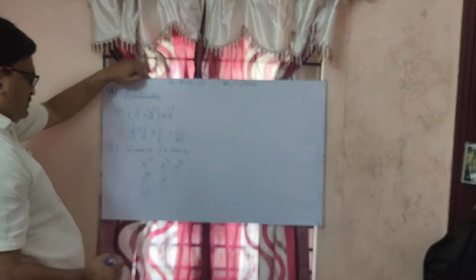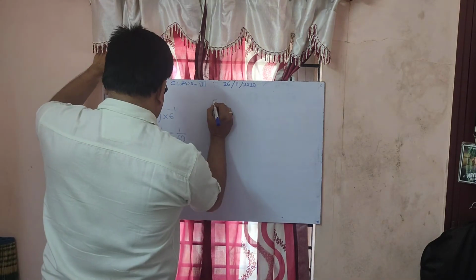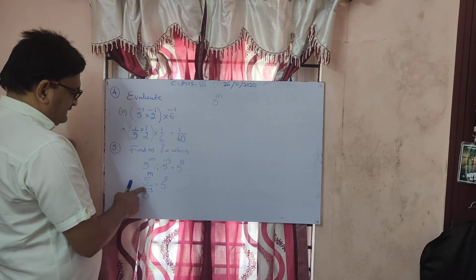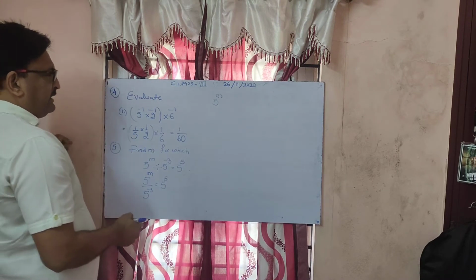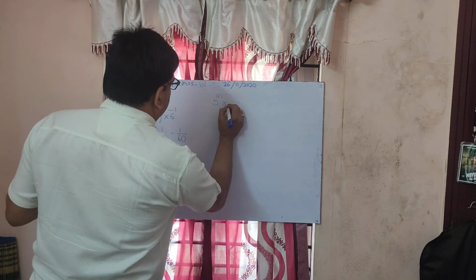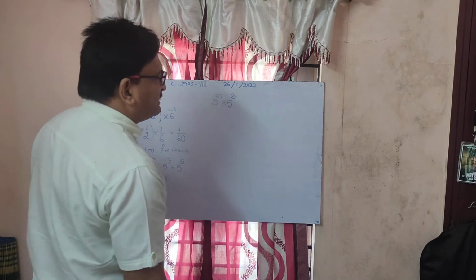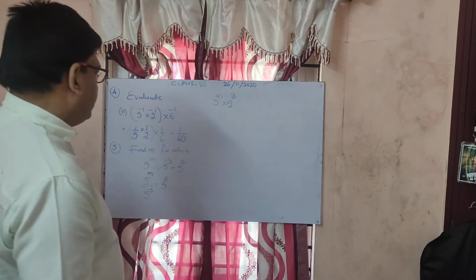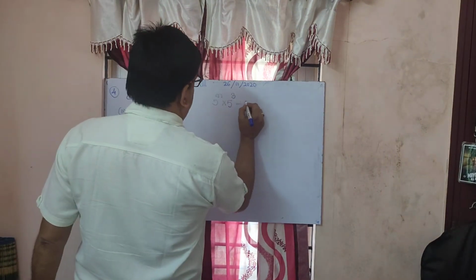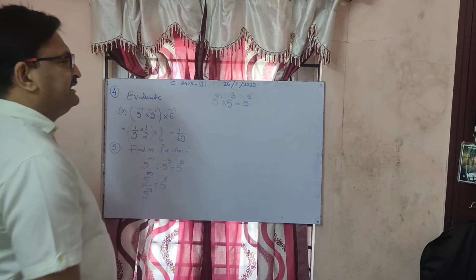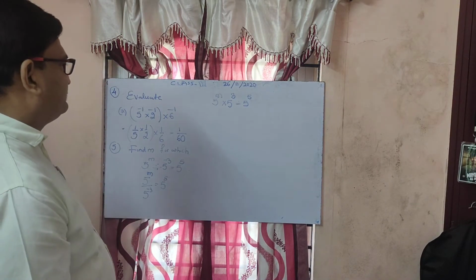Okay now? Now 5 to the power minus 3. Now as it is negative, make it positive. So how to make it positive? Just bring it to the numerator, and other things keep as it is.